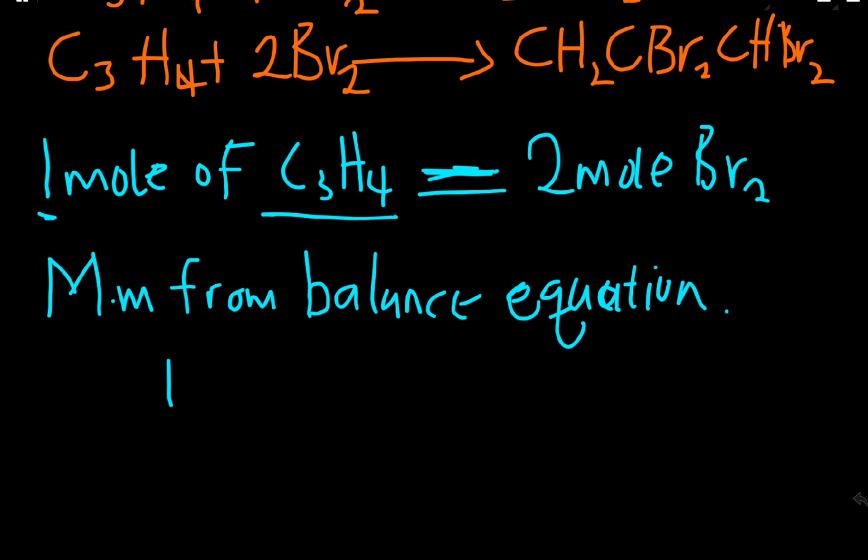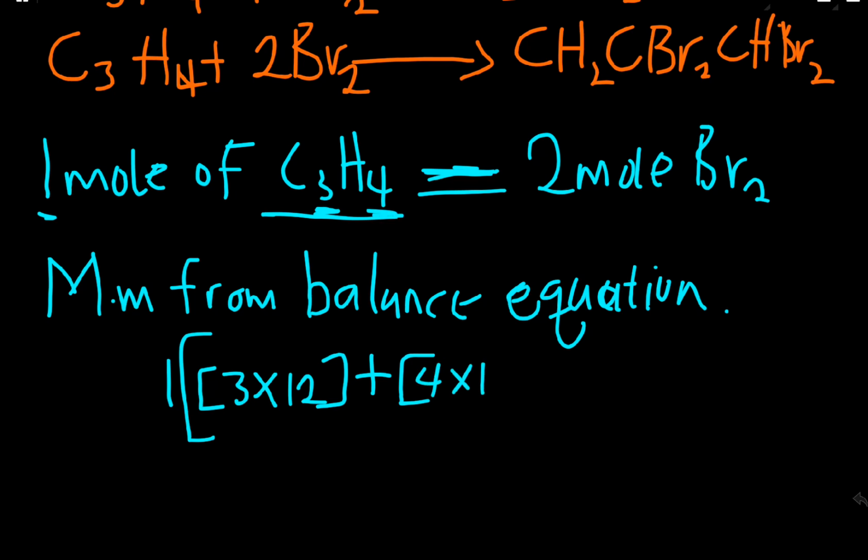The molar mass from the balanced equation is 1 bracket, then a small bracket, 3 times 12. 12 is the atomic mass of carbon. So this 3 here times 12 plus 4 times 1, which is the atomic mass of hydrogen.